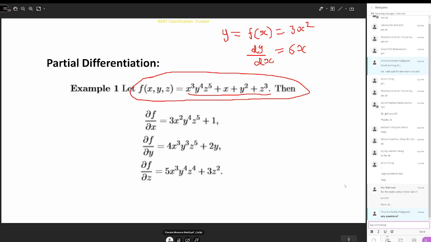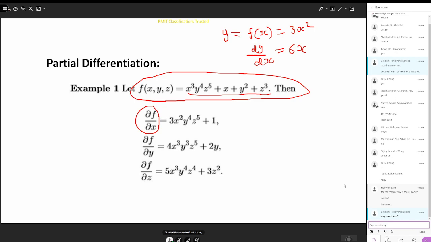For these types of functions, we can only take the derivatives partially. That means we can take the derivative of the function f with respect to x by keeping the other two variables constant. When I write dou f by dou x, I am keeping the y and z variables as constants.